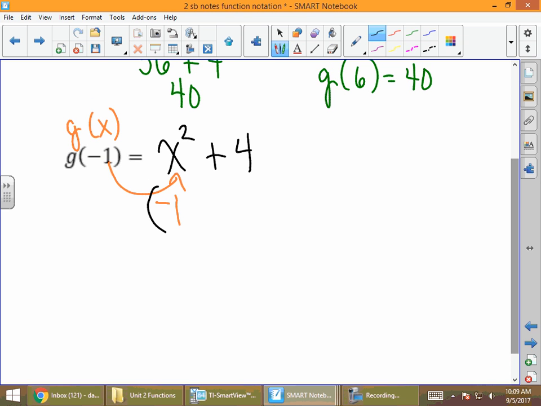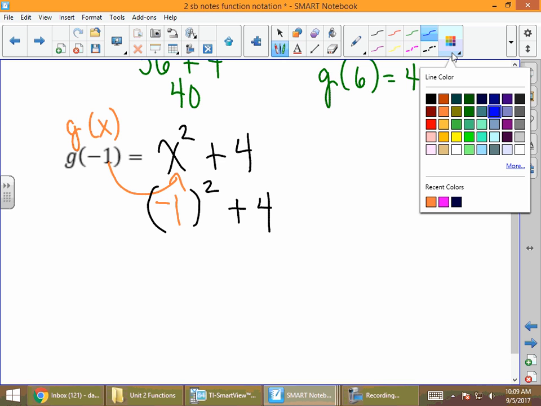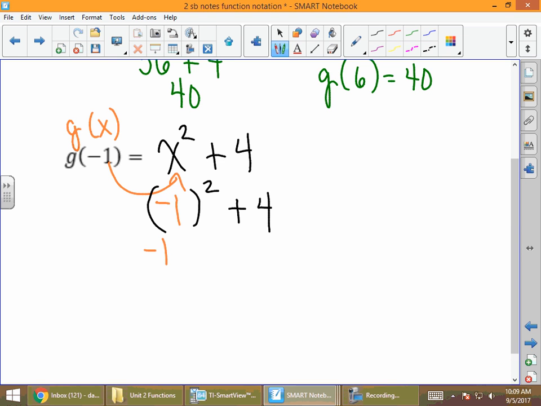So it's going to be -1 squared plus 4. And be careful. If you're typing that into the calculator, you have to have parentheses around that term. But -1 squared means -1 times -1, which is 1, plus 4, which is 5. And ultimately here, g of -1 equals 5. We put -1 in, we get 5 out.